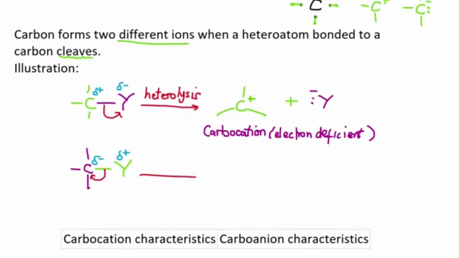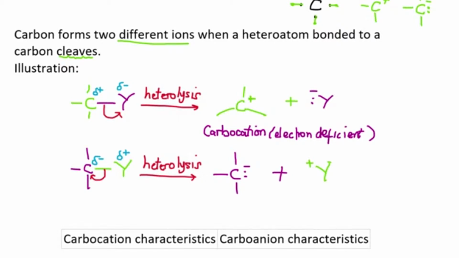So through heterolysis we form a product where we have our carbon with a lone pair and a negative charge, the carbon anion, and our other product is Y, which has a positive charge on it.